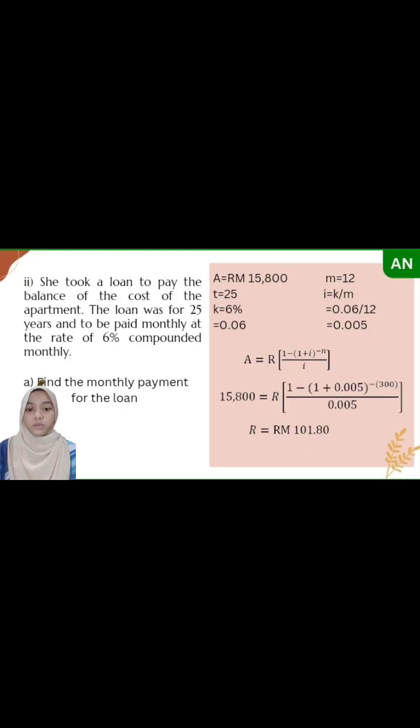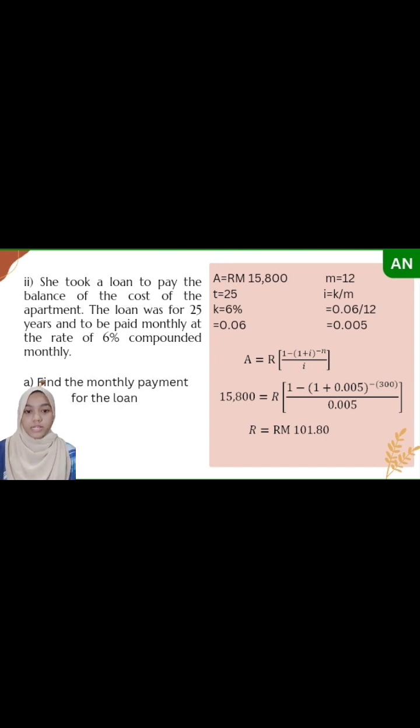Now question 2, Roman a. She took the loan to pay the balance of the cost of the apartment. The loan was 25 years, which is T, to be paid monthly at the rate of 6%, which is k, and compounded monthly, so m equals 12. The question is to find the monthly payment of the loan.